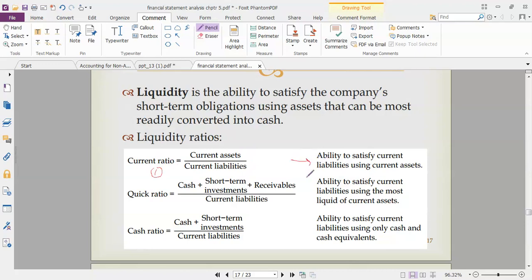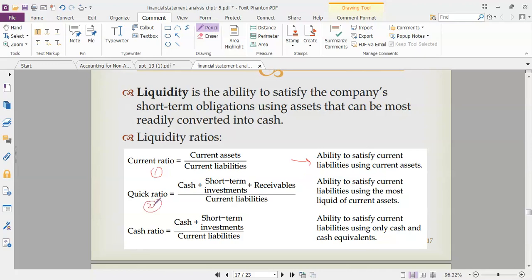So that we can know the ability of the company to satisfy current liabilities using current assets. It means how much current asset the company has in order to pay the current liability. That is the current ratio.